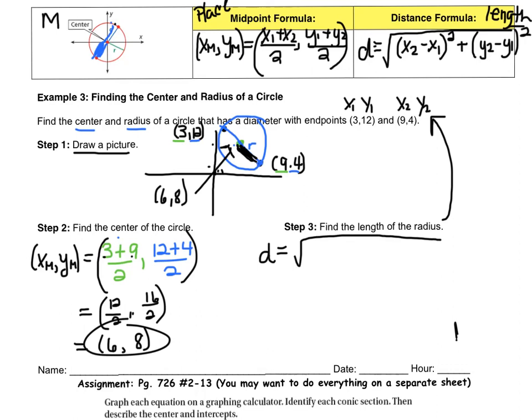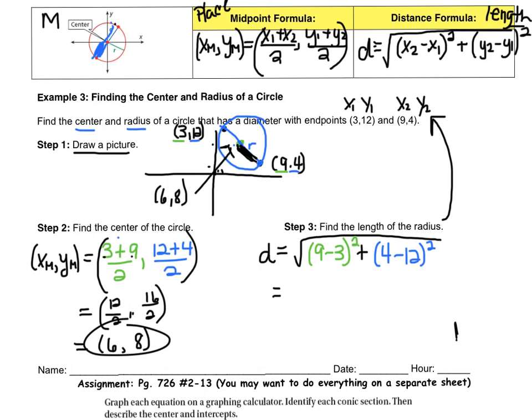So we need to subtract the x's. This time I'm going to do 9 minus 3 and square it. Then I will add the y's subtracted: 4 minus 12 and square it.